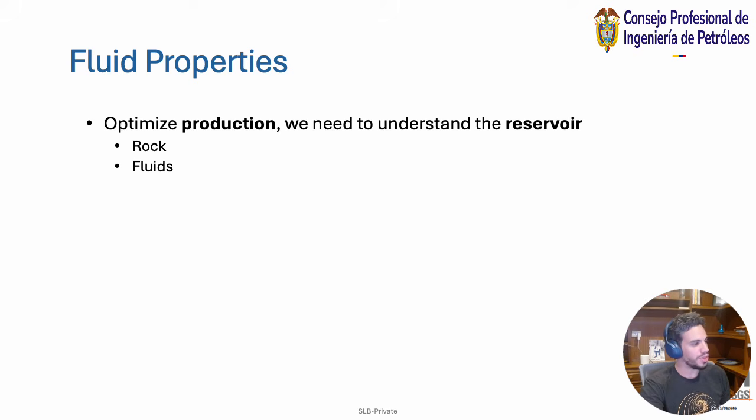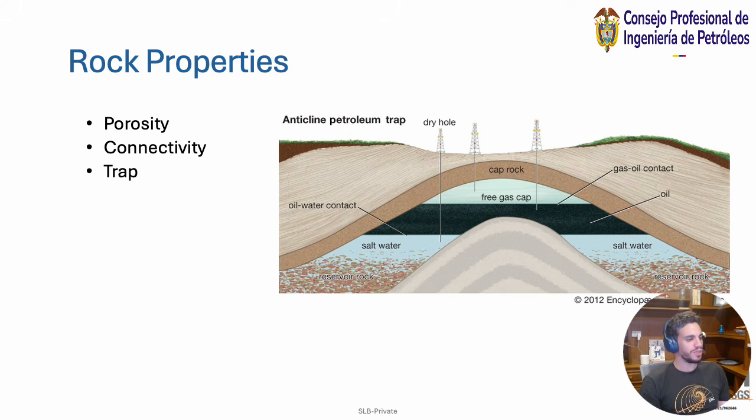So let's start with the bigger bulk of the two, but essentially lots of these concepts overlap, and some of these properties belong to both the rock and fluid, as we'll see. But when I talk about rock properties, I'm talking about the connectivity due to the rock structure or the formation structure, the porosity, which we'll define, but it's basically the space within a given medium for rocks, and the trap or the nature of the trap and what's trapping the oil reservoir, right?